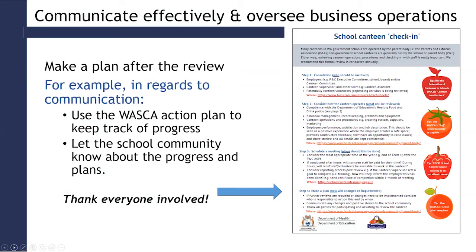So the next time there's a P&C meeting, you can sit down and say, we had a meeting about our communication strategy and this is the plan that we've come up with. The most important thing down the bottom there is, of course, to thank everybody that's involved. So when you've worked through step 1 to 4, make sure that everybody feels valued and everybody feels that their contribution is being heard.